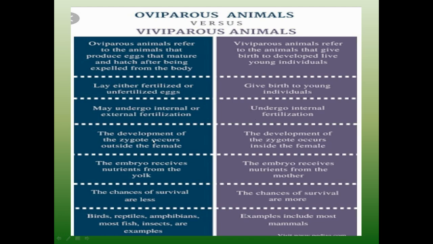The development of the zygote occurs outside the female body in oviparous animals, and the zygotic development occurs inside the female body in viviparous animals. The embryo receives all its nutrients from the yolk in oviparous animals, and in viviparous animals, the embryo receives nutrients from the mother, because the young one is well protected inside the womb of the mother, and every nutrient is provided with the help of the placenta in the case of mammals. So the whole nutrition is provided from the mother's body.